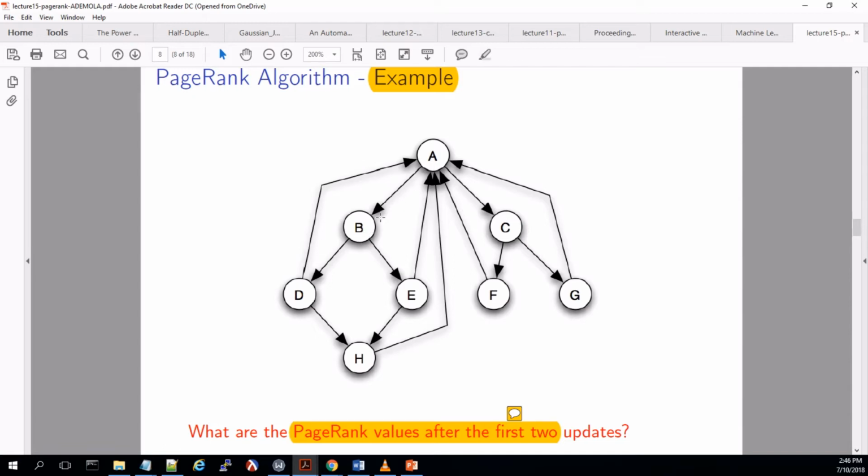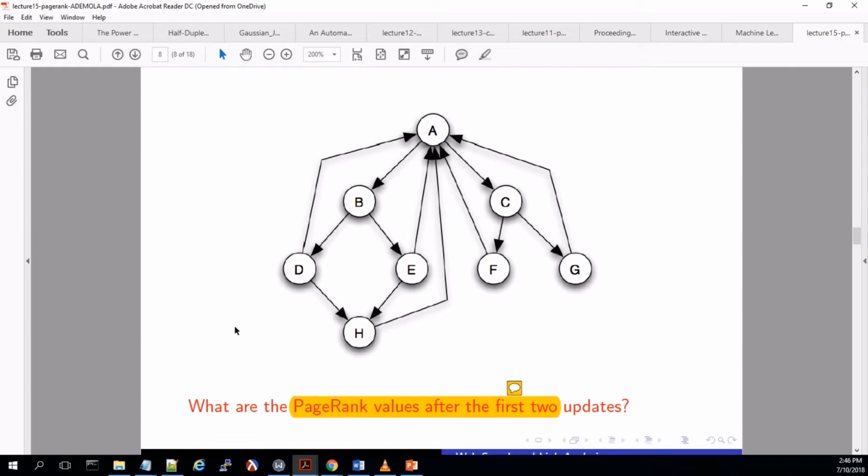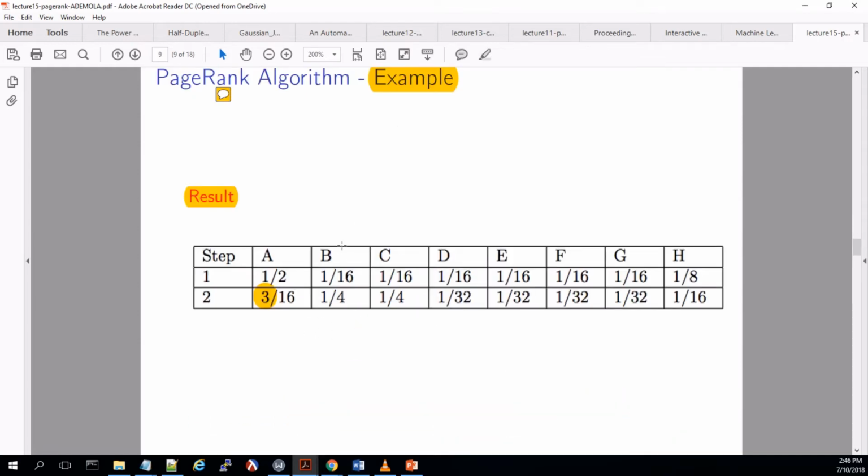Okay, A is pointing to B and C. So the rank of B will be rank of A, which is 1/8, over out degree of A, which is 2. And so 1/8 divided by 2, that's how you get 1/16. I hope it's clear. You need to take time to work it out and be sure you understand it.